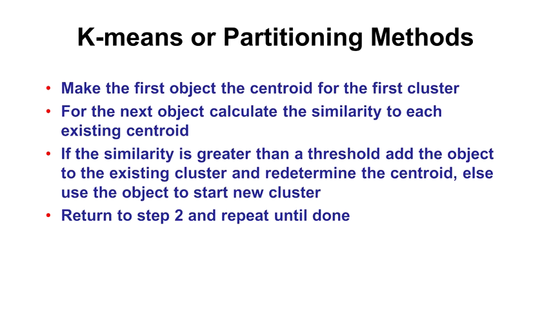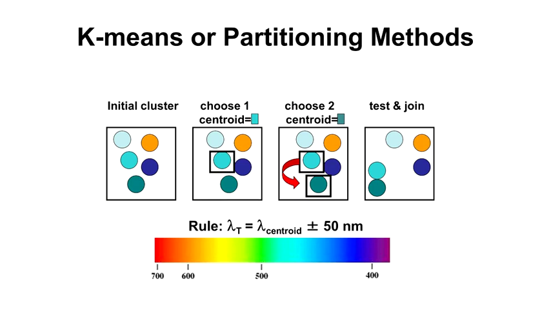If that similarity is greater than some threshold, we'll add that object to the cluster and then recalculate the center, or the average of those properties. If we can't find something that passes that threshold, then we leave that object out. And you repeat this over and over again until everything is appropriately clustered. So if we had this original group, we randomly choose the turquoise ball here.